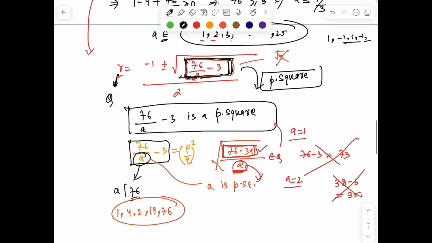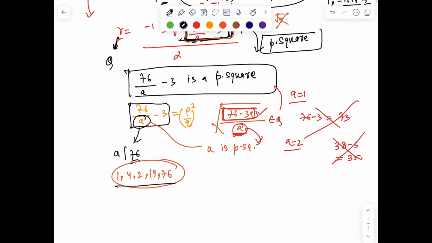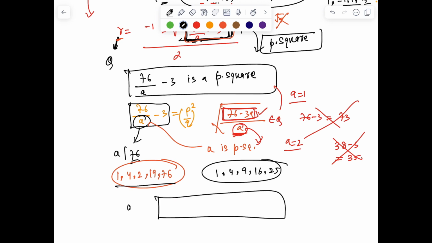Moreover, we have to scan through this window. So 1, 4, 2, 19, 76. My other possibility is a perfect square. Now perfect squares from that window till 25 are 1 square, 2 square, 3 square, 4 square, 16, and 5 square, 25. So finally I have to just check from this set of 1, 2, 4, 9, 16, 19, 25 and 76.